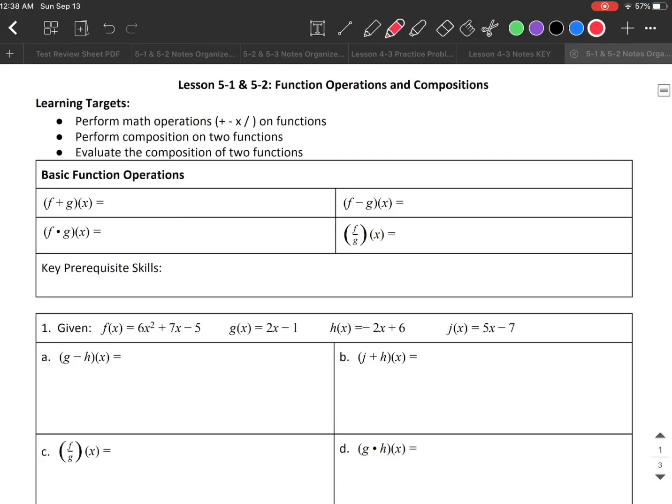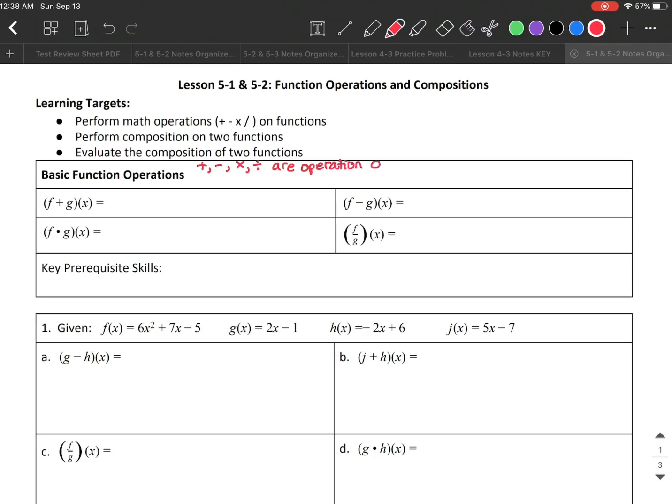In lesson 5-1 and 5-2, we're going to talk about function operations and compositions. The basic operations that we have on real numbers are addition, subtraction, multiplication, and division.